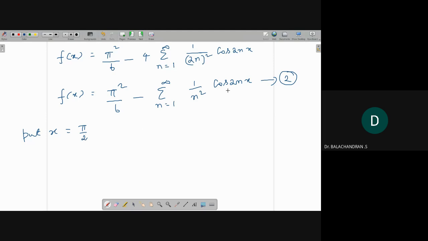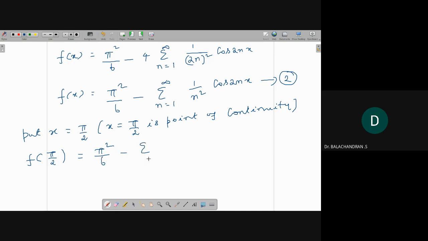So when x equal to pi by 2, check it. I think it is correct. x equal to pi by 2 is a point of continuity here. So now when x equal to pi by 2, this is f of pi by 2, which is equal to pi square by 6 minus summation n equal to 1 to infinity 1 by n square.